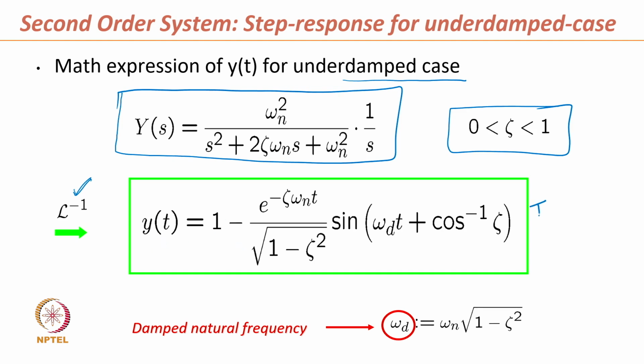Yes, this is a time domain equation because there is a time variable t present here. So, we can now plot it using a computer, or we can plot it by varying this t.